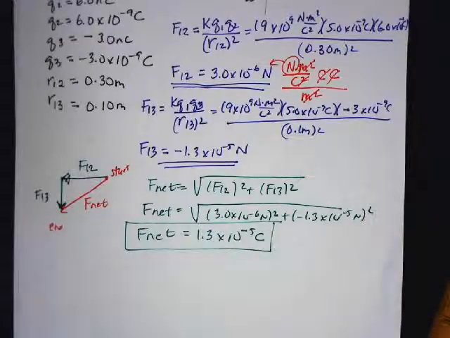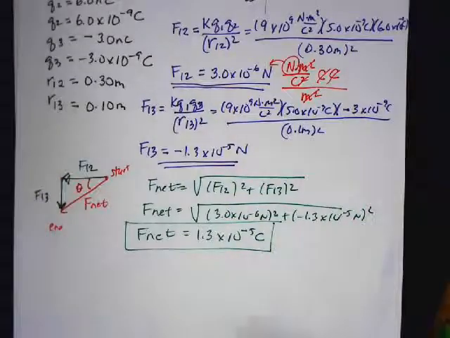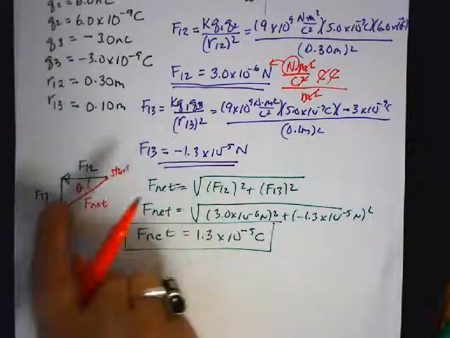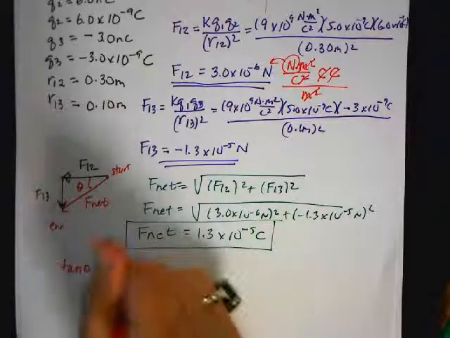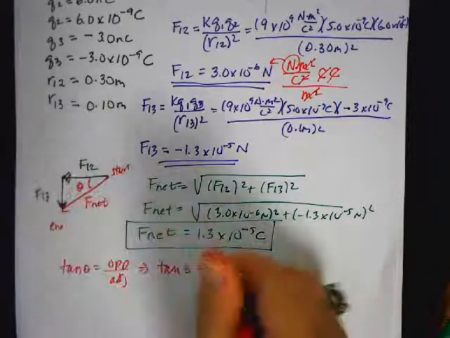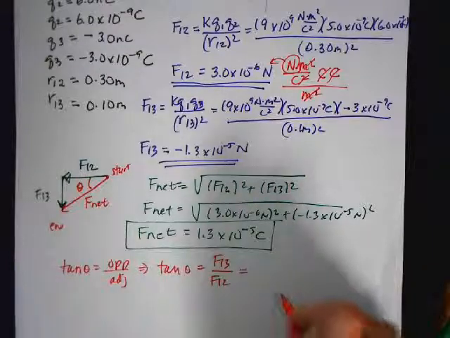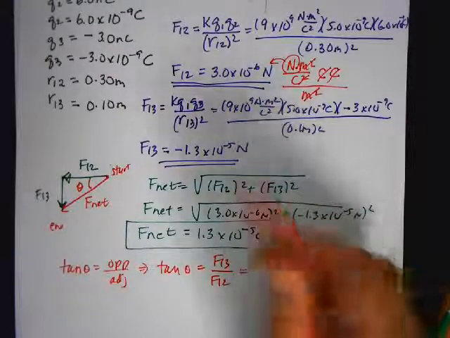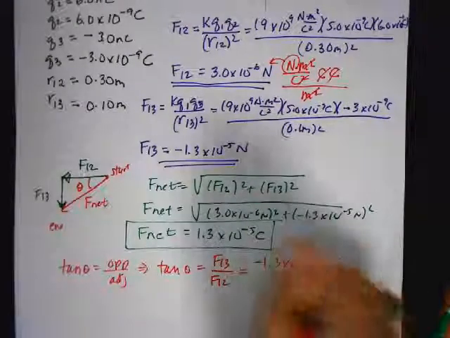Now, this answer is not complete, because all forces have magnitude and direction. So I have to find the angle at which it's acting. So here's my angle, theta. I have opposite and adjacent, so I can say tan of theta is opposite over adjacent. Tan of theta is equal to opposite F13 over F12.